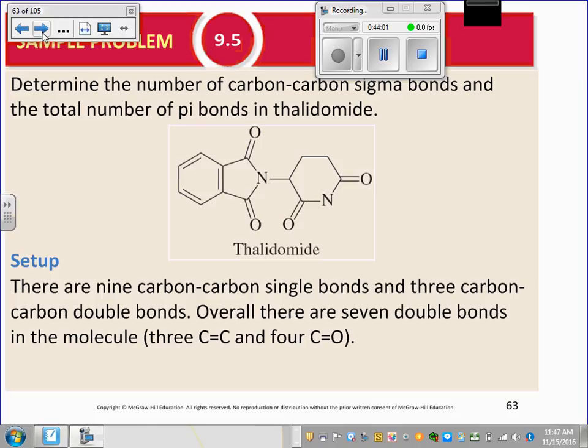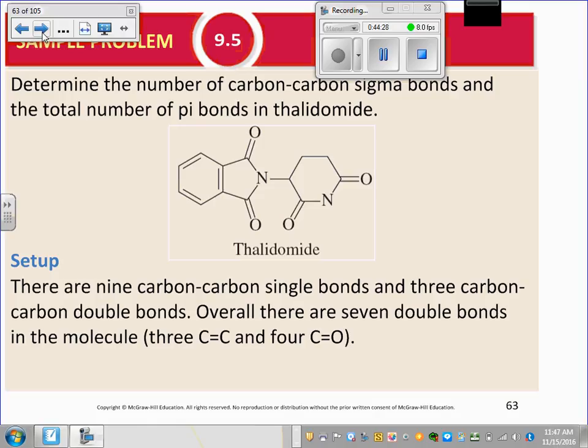Determine the number of carbon-carbon sigma bonds and the total number of pi bonds. Well, every single bond is a sigma bond, and every double bond is a sigma and a pi bond. So let's count the single bonds. If we go around the 6-membered ring, there's 3. Then the carbon to where the carbon's double bonded to the oxygen is 4.